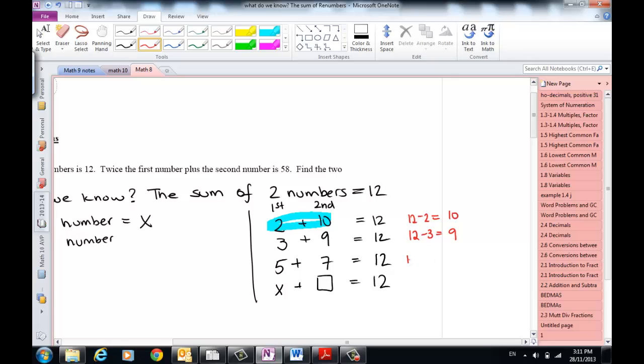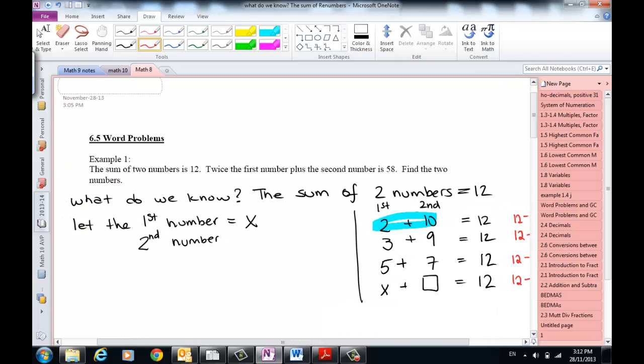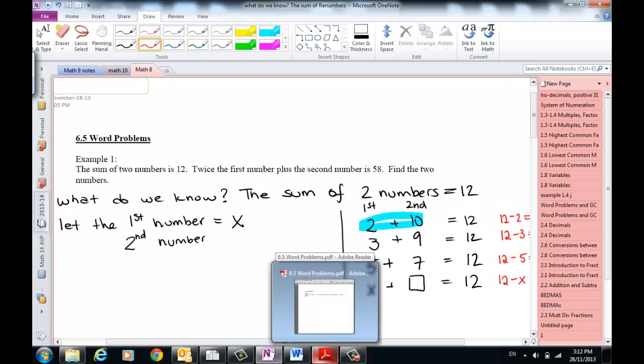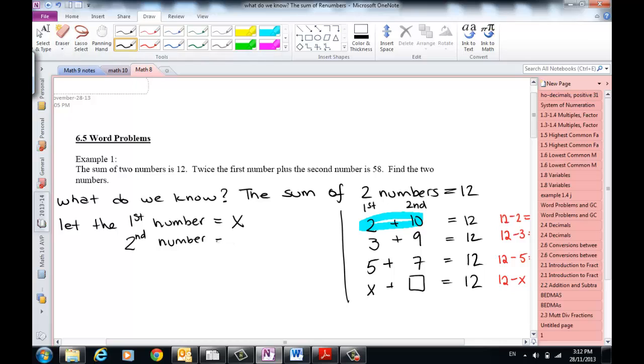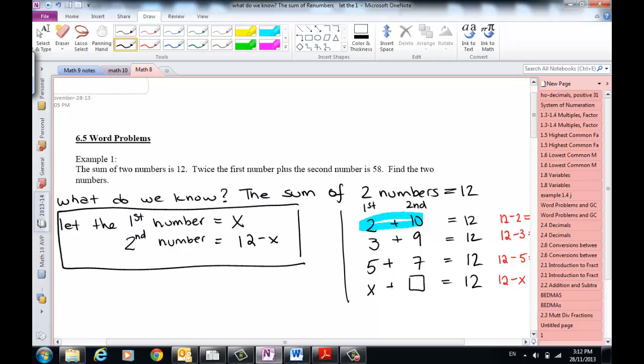And finally down here, if my sum is 12 and I take away my first number, which is 5, then I get 7. So in the same way, if I have 12 and I take away my first number, then I get my second number. Okay, so then I can come back here and say, let the first number be x, then the second number must be equal to 12 minus x. So that was just from our first sentence.